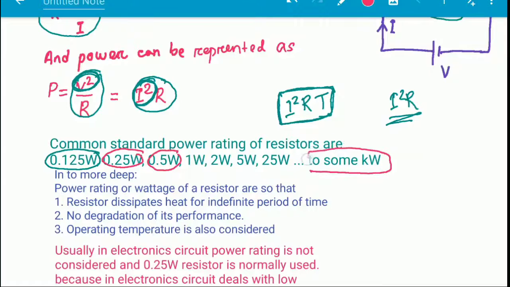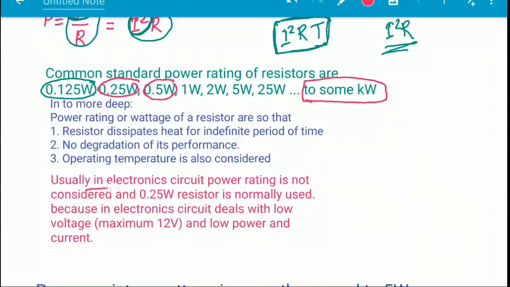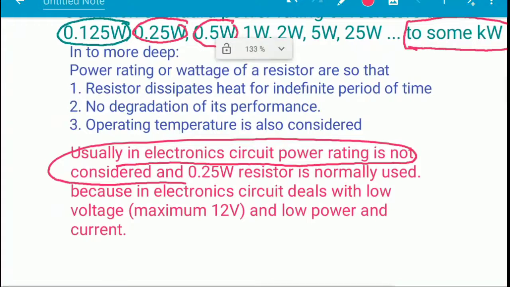In case of electronic circuits, power rating is not considered normally, because in an electronic circuit the maximum voltage generally used is 12 volt at most, and generally 5 volt.